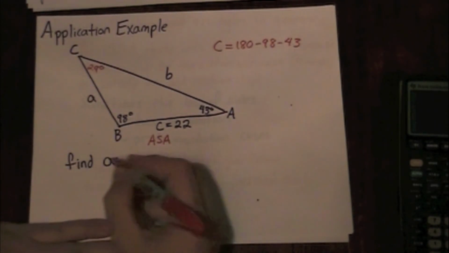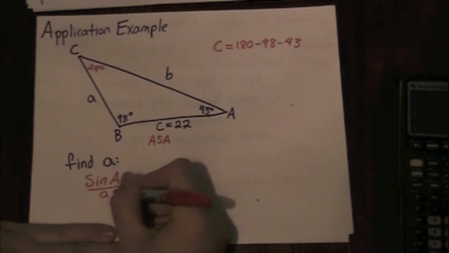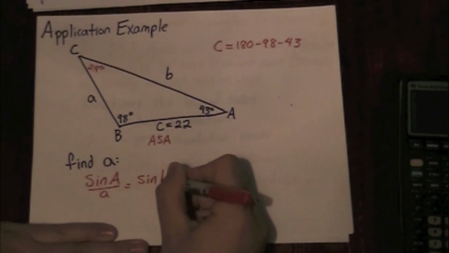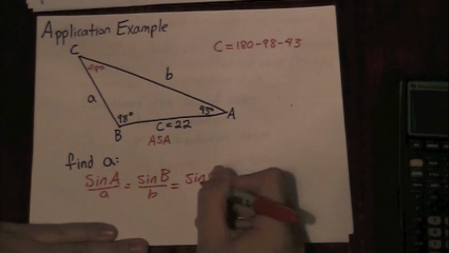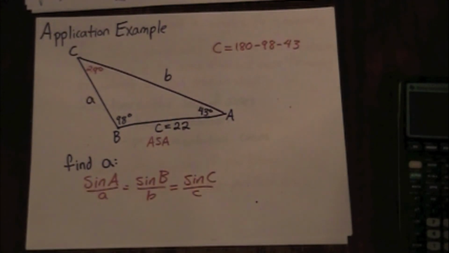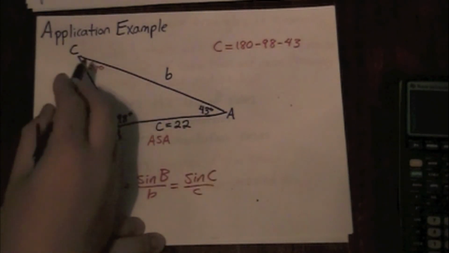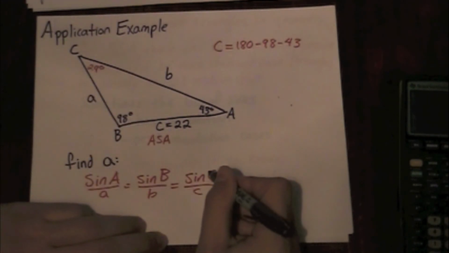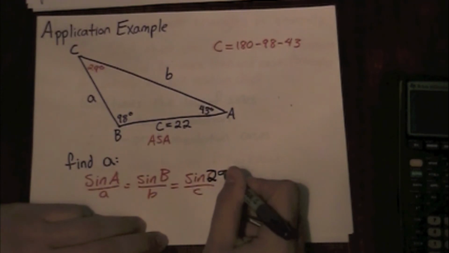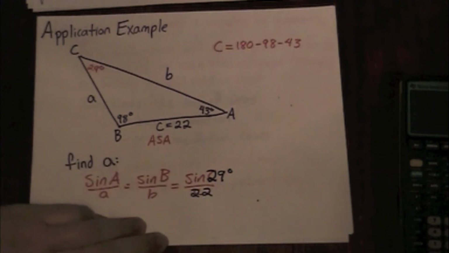I know that I'm going to be using my law of sines. That's going to be sine A over a equals sine B over b equals sine C over c. In this case, the only values that I know both the length and the angle for, now that I've figured out the angle C, are going to be C. So angle C becomes 29 degrees, and side c becomes 22.